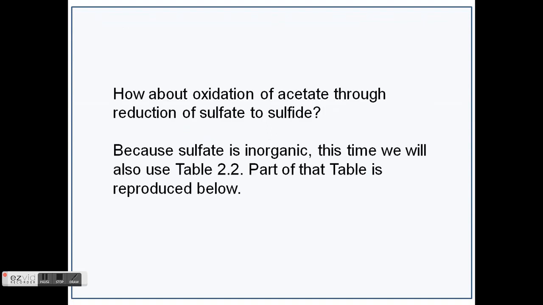I'll look at another example, which is using an inorganic compound, and so we want to see oxidation of acetate through the reduction of sulfate to sulfide. Sulfate is inorganic, so we're going to use table 2.2 this time, and I've produced this table below.